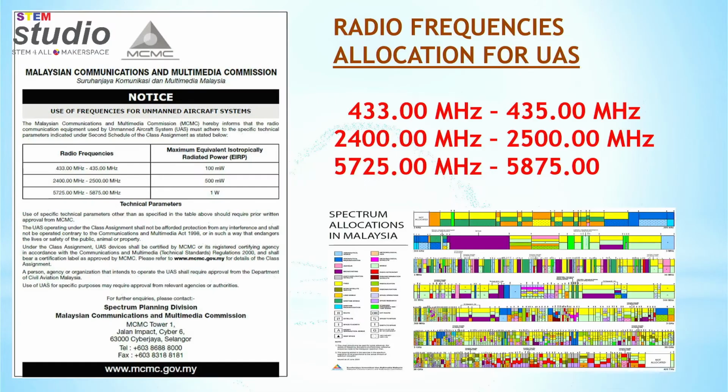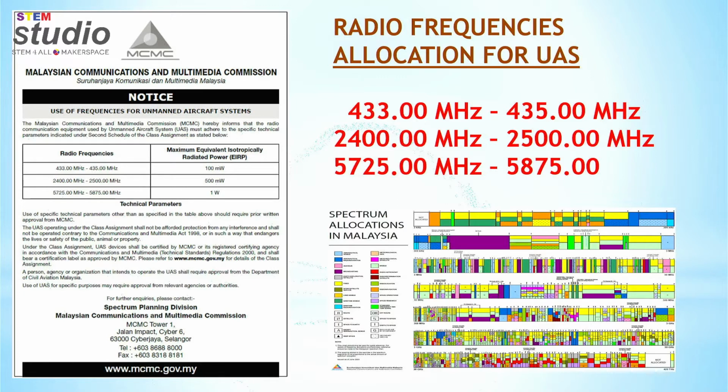So moving forward, there is a notice that has been published on MCMC's website for drone operation itself. People who don't know about this can always visit the website and look at it. Here we have also highlighted the frequencies again: 433, 435, and then 2400 to 2500, 5725 and 5875.